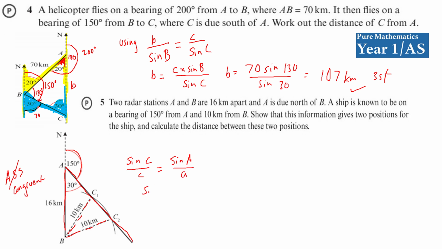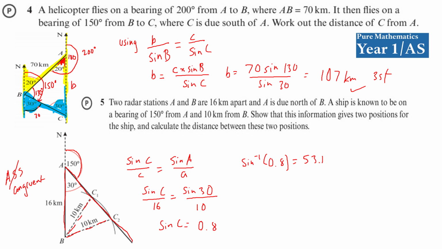So we have sine C over 16, this side here, opposite the angle C, equals sine 30 over 10, because we've got the 30 and the 10. The 10 is opposite the angle. So we should get sine C to equal 0.8.